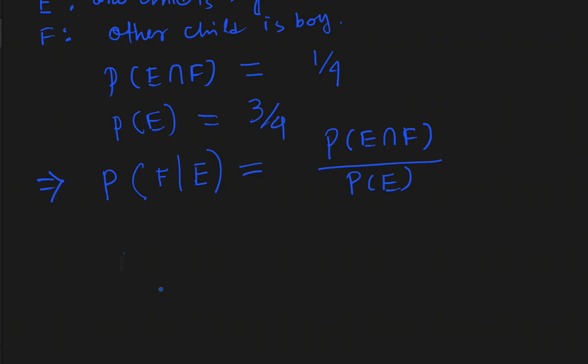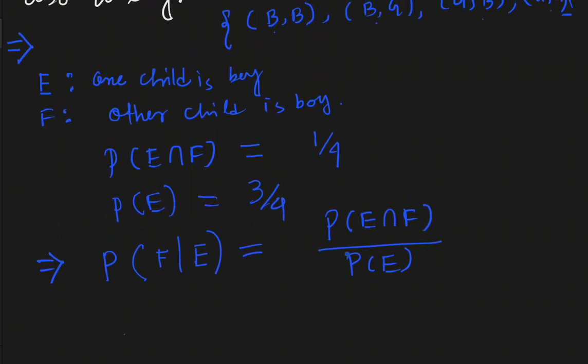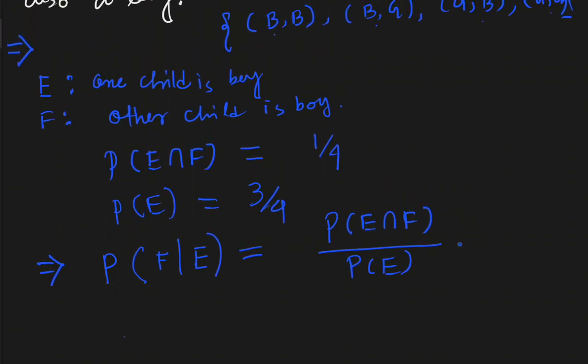In terms of this example, you already know that one child is a boy, so what is the probability that the other child is also a boy? So what you have to calculate first is the total number of events where one child is a boy.